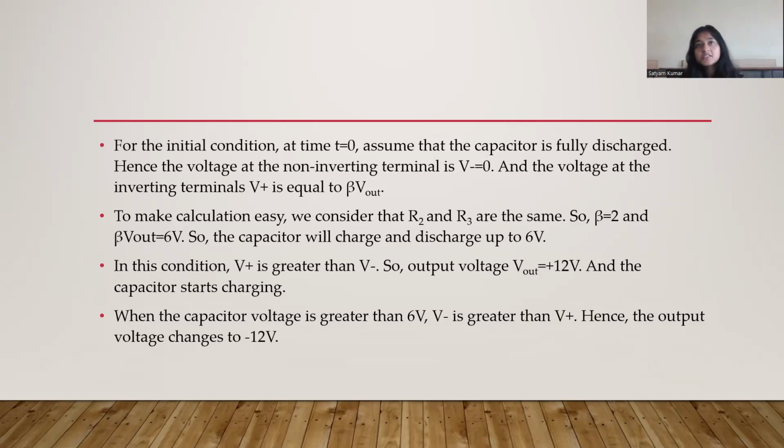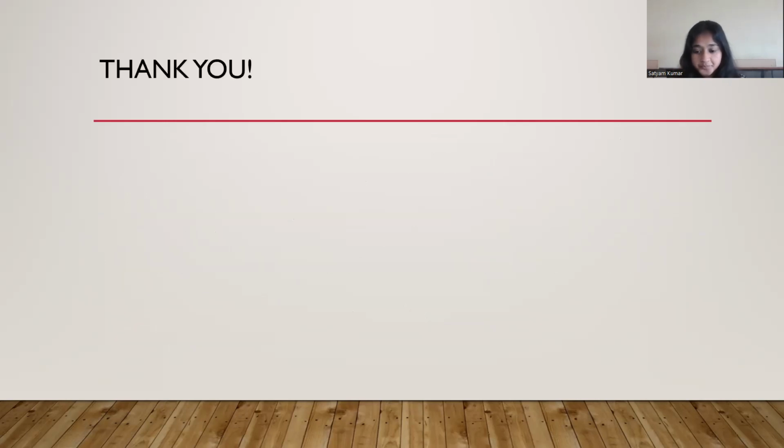In this condition, V plus is greater than V minus, and the output voltage is plus 12 volt, and the capacitor now starts charging. When the capacitor voltage is greater than 6 volt, V minus is greater than V plus, obviously. So the output voltage changes to minus 12 volt.